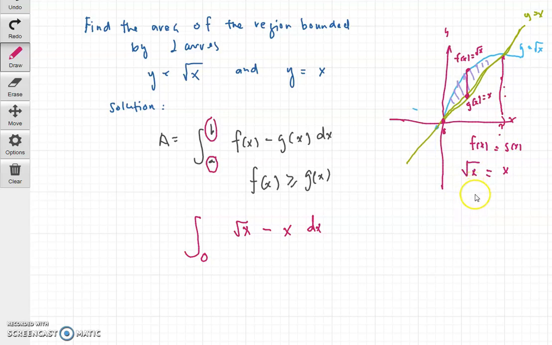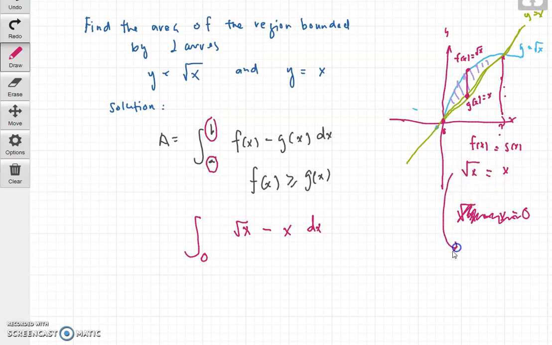So you are going to get square root of x minus x equals 0. This is a bad idea to calculate. I think it's better for us to bring the square root to the other side.